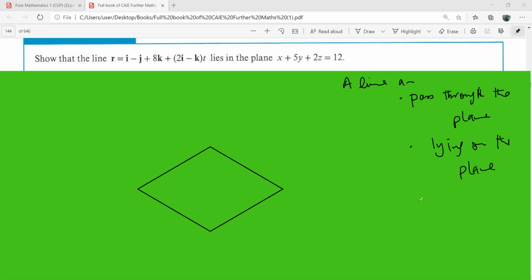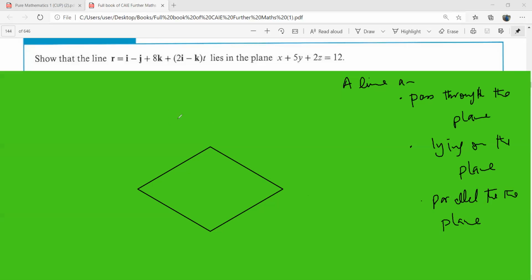Okay, what else? It can be parallel. Yeah, it can be parallel to the plane. So these are the three cases, these are the three relations that a line can have with the plane.